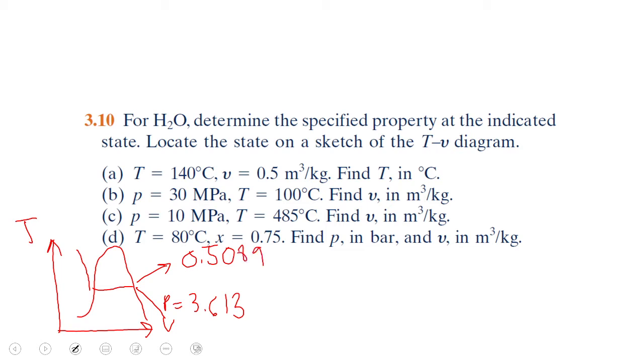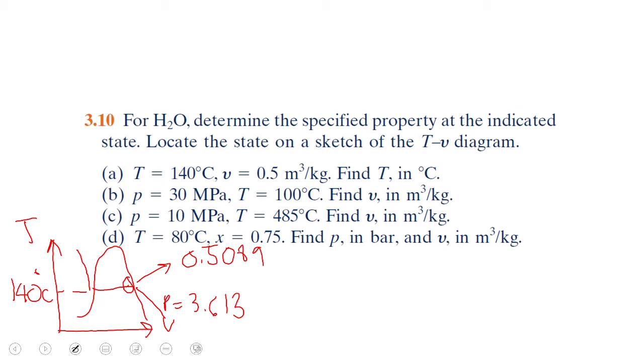So we have V of 0.5 and a temperature of 140 degrees Celsius. So if this temperature is 140 degrees Celsius and we have V of 0.5, which means that we are in the mixed vapor region.